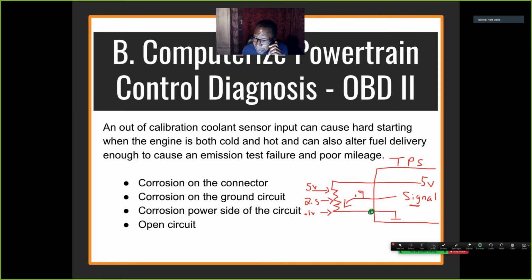So when it's normal, the design resistance, all I need is about 9/10 of a volt to go across this resistance here to go to ground.